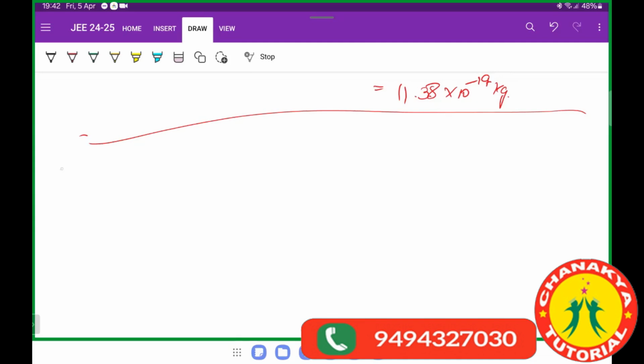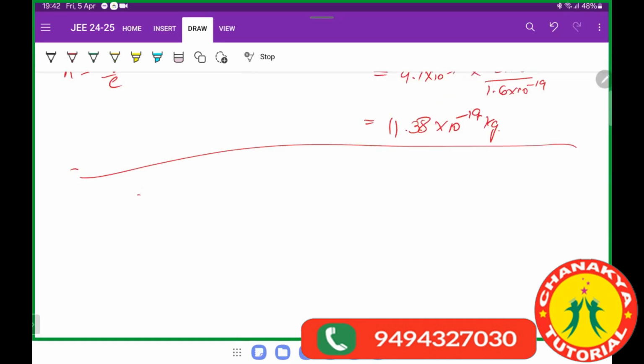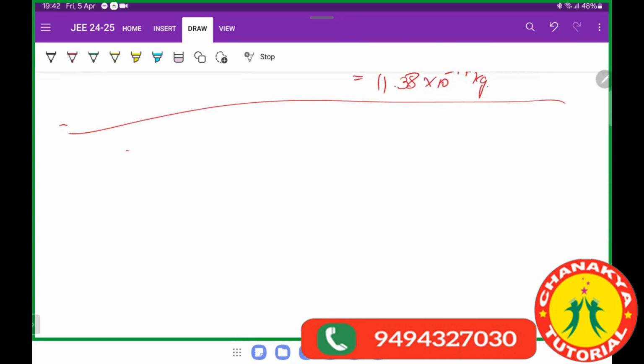Something like a comb is rubbed. Actually, I was about to give this question for your test. Okay, I can only solve.